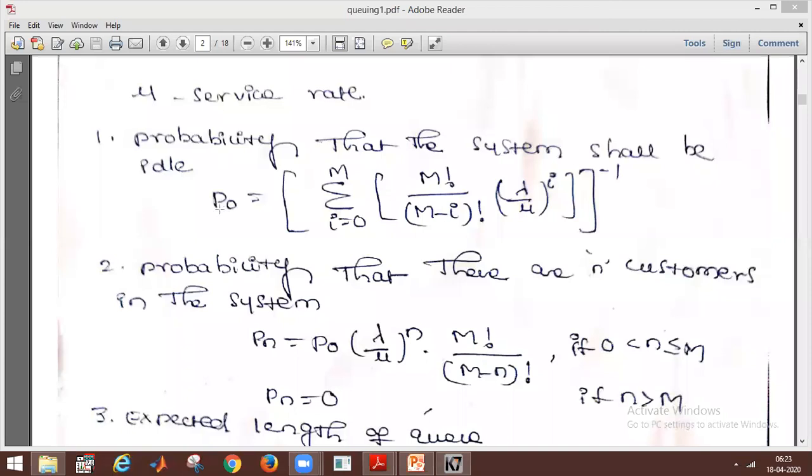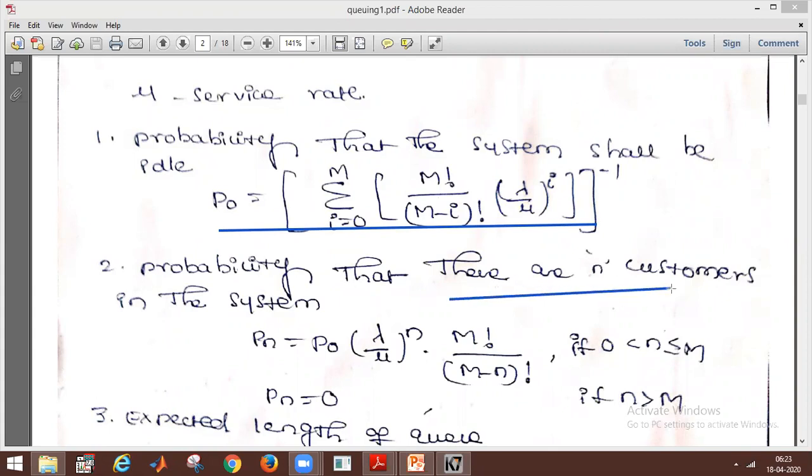The probability of the system being idle is P naught equals the inverse of the summation of i equals 0 to M of M factorial by (M minus i) factorial into (lambda by mu) whole power i. What is the next thing? That is the probability of n customers.